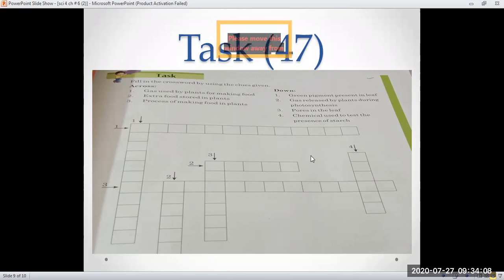First one is the across. Across means that you are going to fill it like this. You can see on your screen. First one written there: gas used by plants for making food. Who is going to tell me which gas is used by plants in making food?